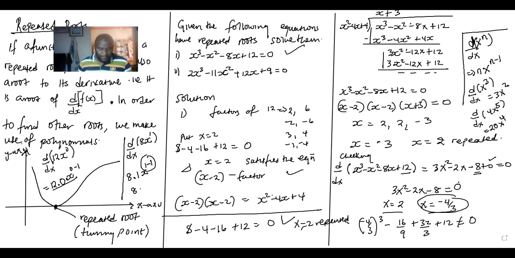With these more examples, we are going to become more friendly with it. So let's look at question 2. Question 2 is an equation which says 2x cubed minus 11x squared plus 12x plus 9 is equal to 0. Solve the equation.